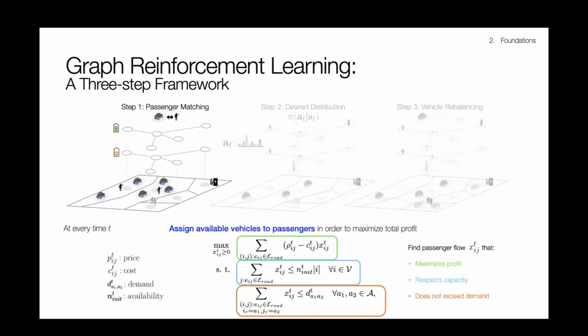In the first step, we solve passenger matching for a given time t by solving a convex problem, here on the slide, but without going into the math. It is essentially a linear program that assigns available vehicles to passengers in order to maximize, for example, total profit for the operator. So in step one, we are basically solving the dispatching problem at a specific time t.